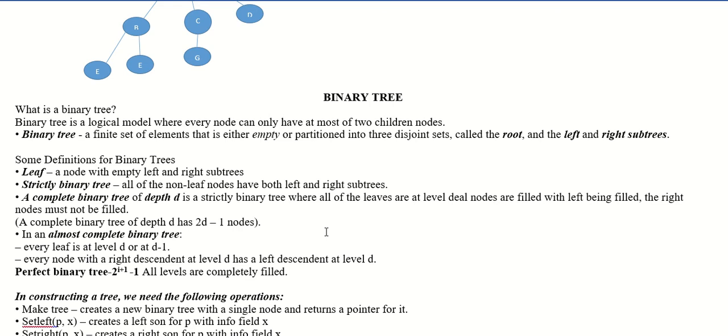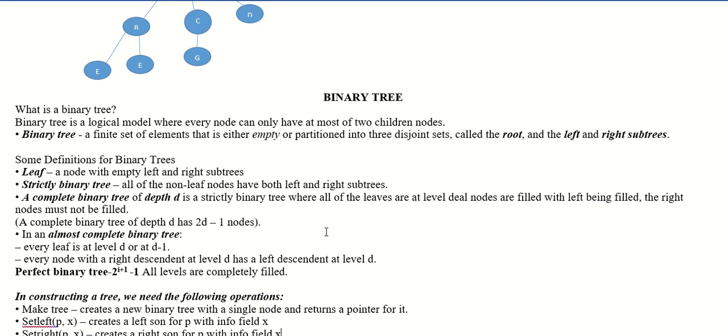So we can say that a complete binary tree of depth D has 2^D minus 1 nodes. Obviously that is where we shall get to know how to calculate the same. An almost complete binary tree is where every leaf is at level D or D minus 1.